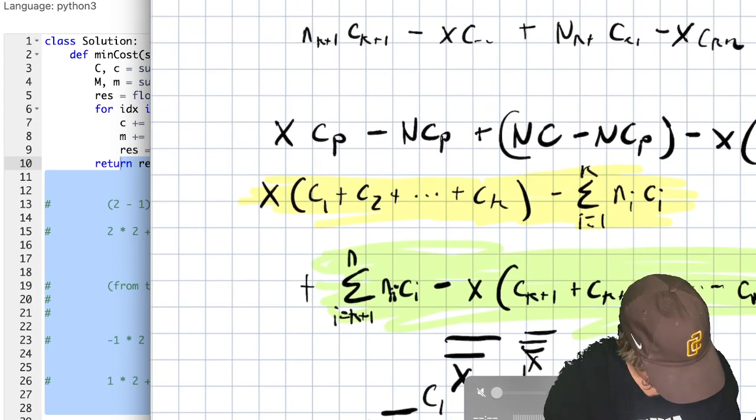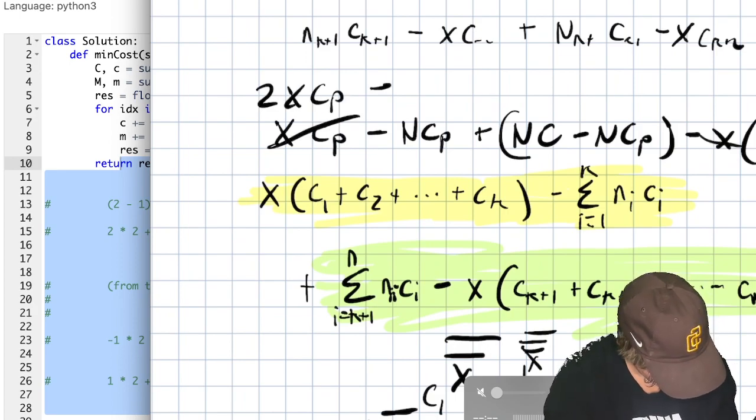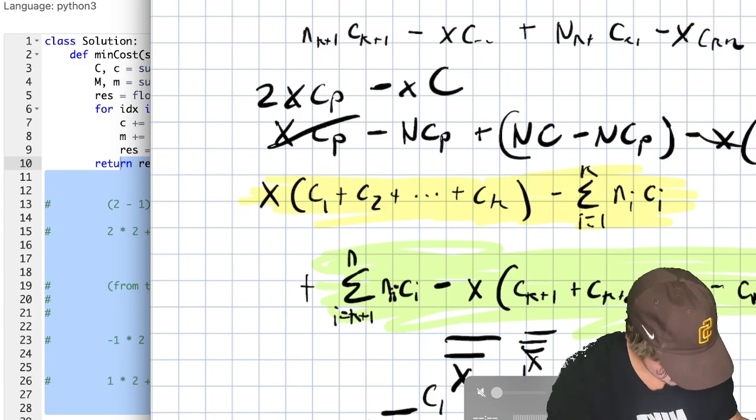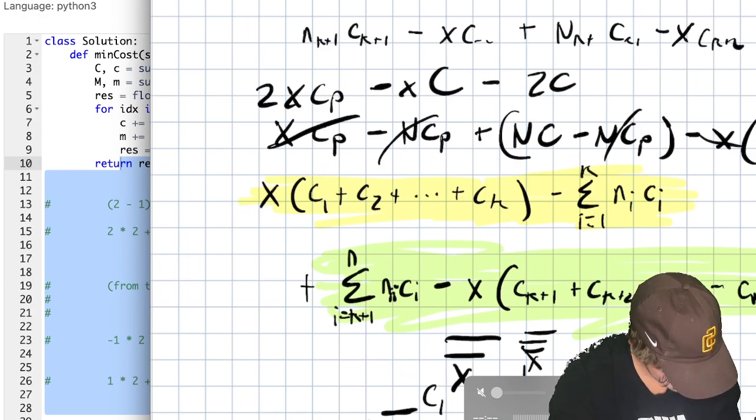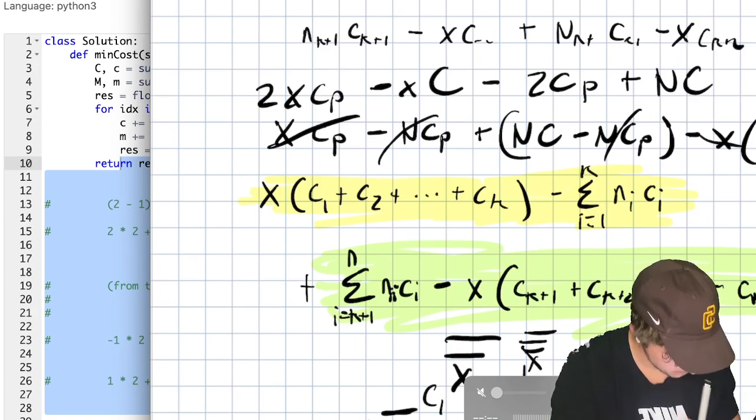So I get 2xc prime, because these, I get a minus xc. I get minus 2 nc prime, and I get a plus nc.